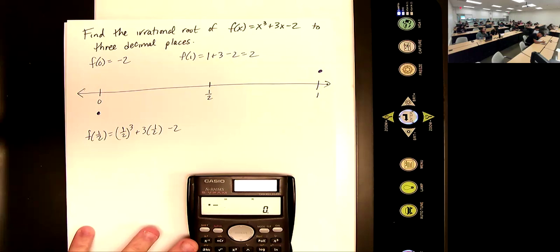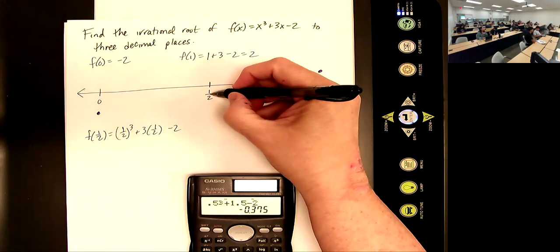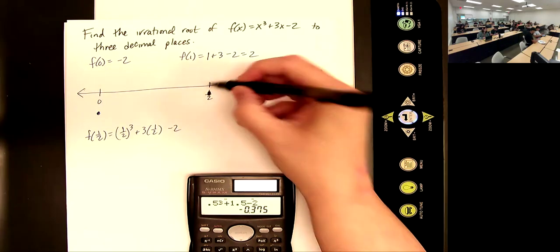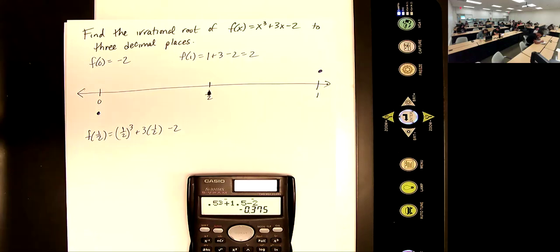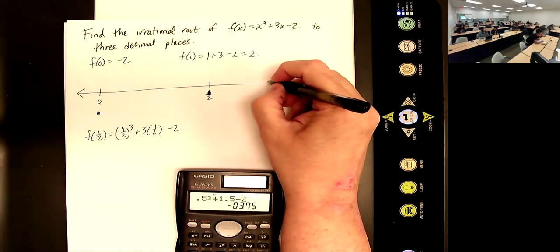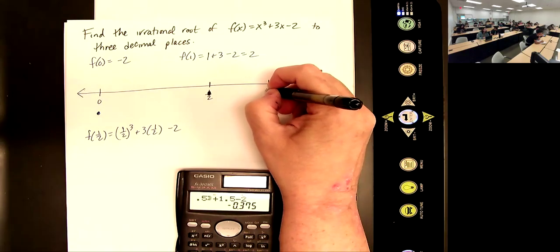So 0.5 cubed plus 1.5 minus 2. Negative 0.375. This one is also negative, so it's gotta be between 1/2 and 1. So maybe the next one we'll try is 3/4, 0.75.